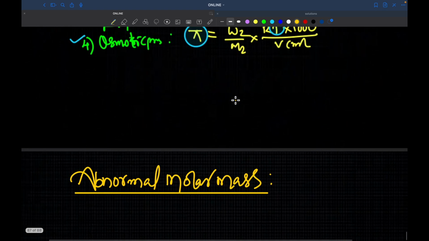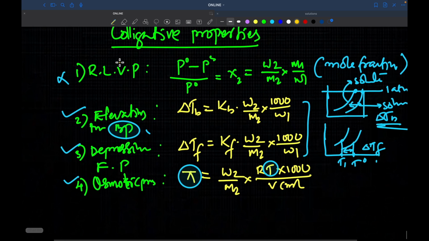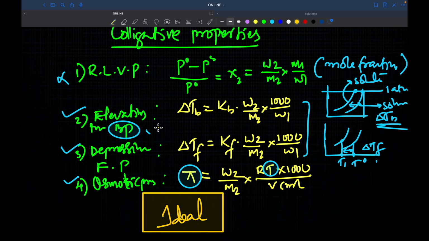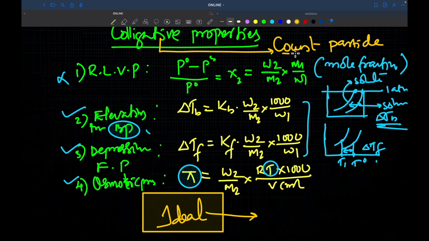So these colligative properties that we have used are useful for ideal solutions. If your solution is ideal, you can use these things. If your solution is non-ideal, what is the meaning here? The colligative properties depend upon the count of particles only, the number of particles, not the nature of the particles.